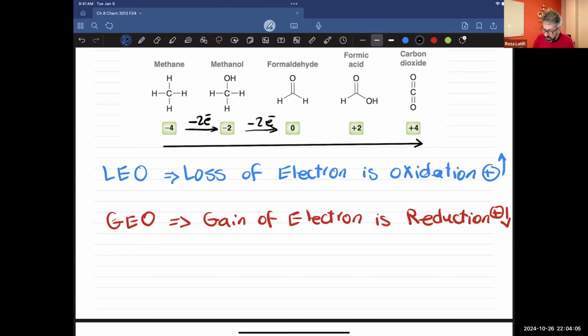If you go back, for example from +4 to +2, we gave carbon 2 electrons, so carbon gained 2 electrons, and that one I'm going to call reduction. So the reverse one is reduction, while the forward one is oxidation. If we go to the right side, because we are increasing the positive charge, it is oxidation. If we go back, it is reduction.